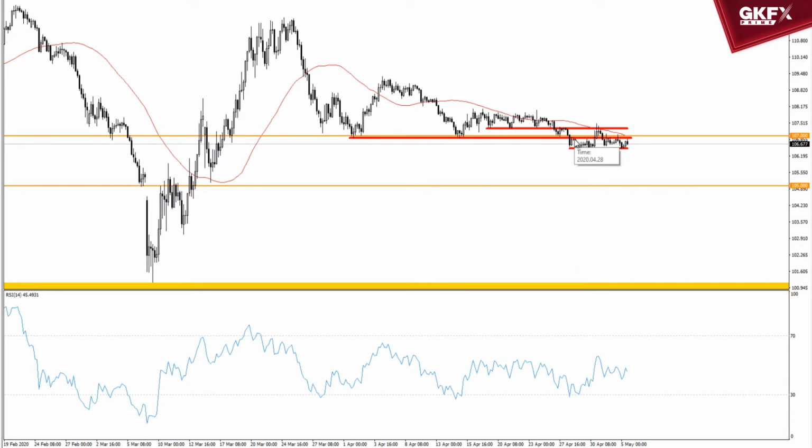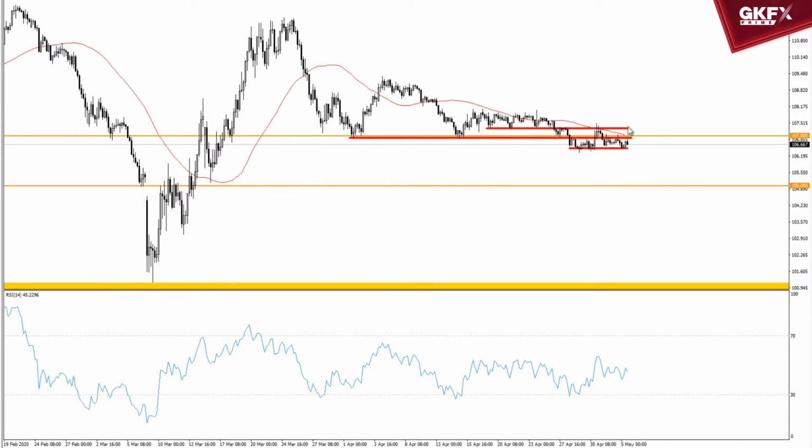If bears were really determined, you'd look for them to take the price right down to 105, and that was something we were eyeing. But you can see we pushed straight above that form of support, and we're just range bound again. So some indication that dollar yen has had a false breakout to the downside and may be looking for that upside break.